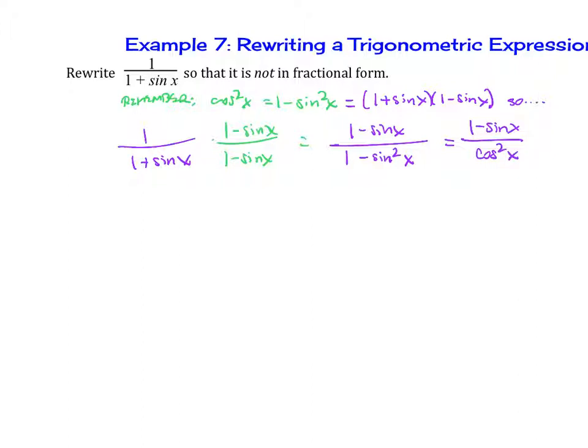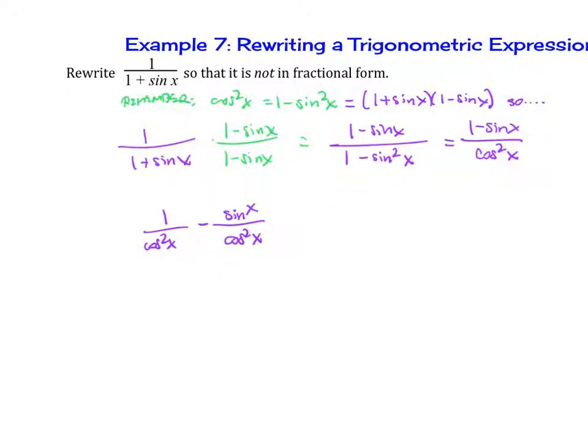And then we can separate this as 1 over cosine squared of x minus sine of x over cosine squared of x. Just remember that this is allowed because if they have a common denominator, I can combine them back together, to 1 minus sine of x. So that is okay.